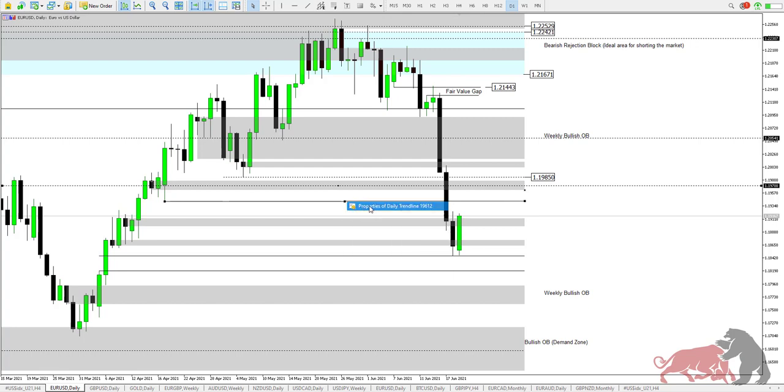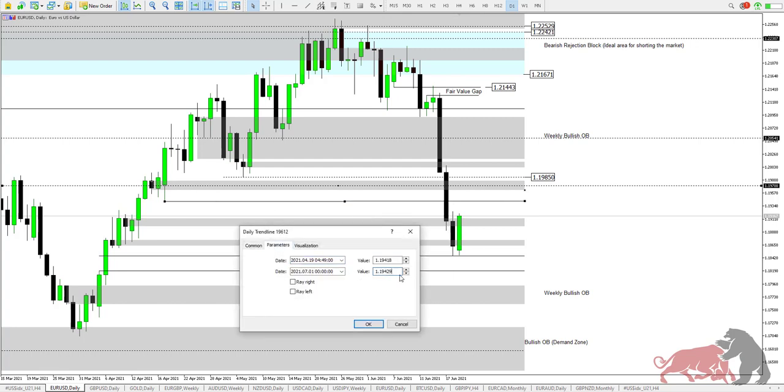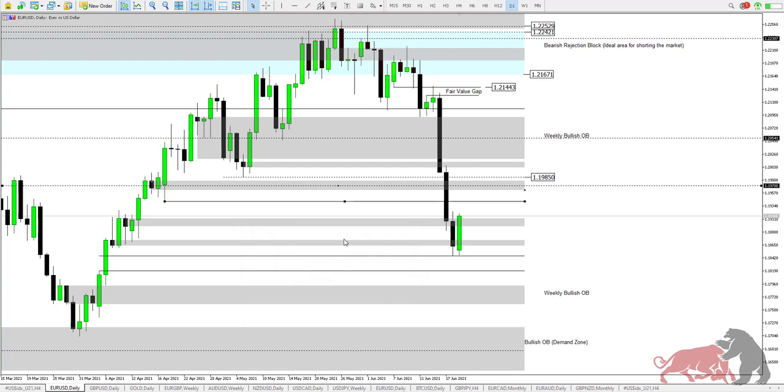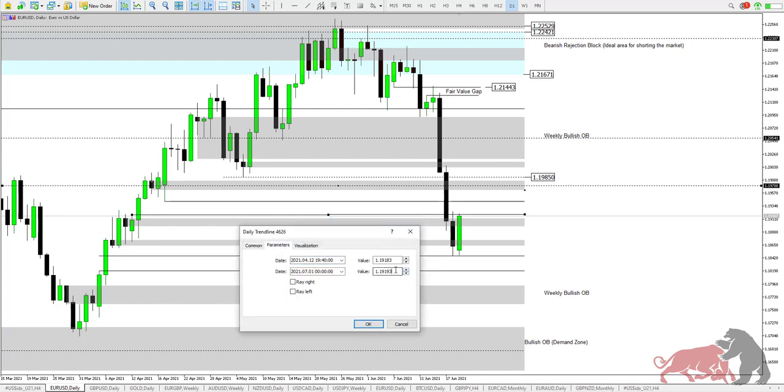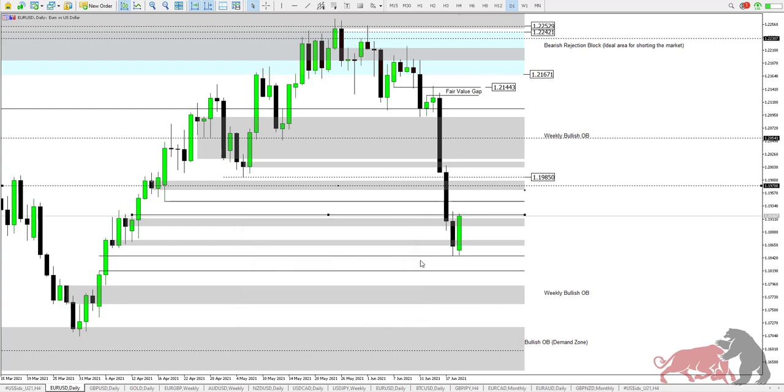This old low, which is coming in at 1.19418, right? This low and this old high, right? There's a fair value gap there, which is going to provide resistance to price, and then we can probably see a huge drop to the downside.